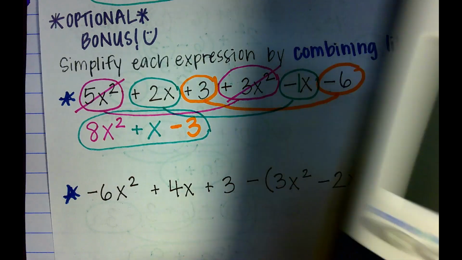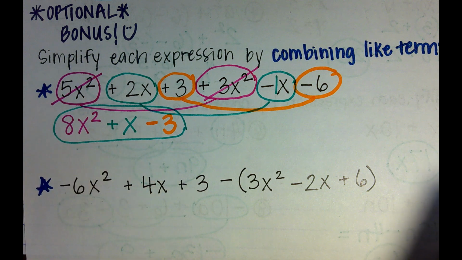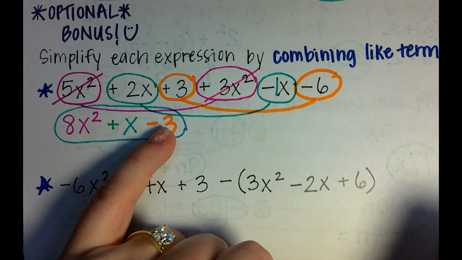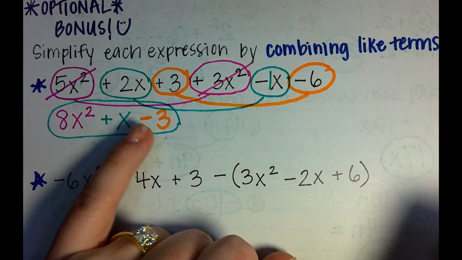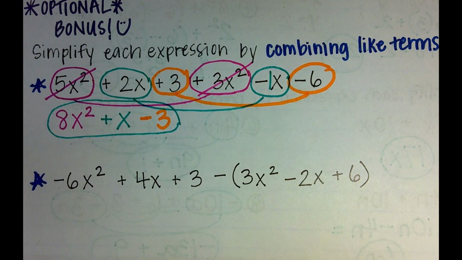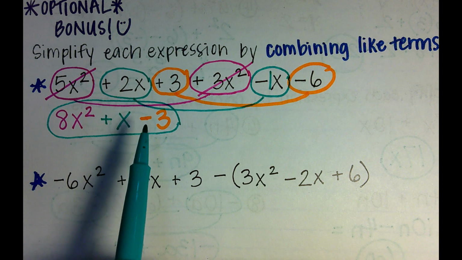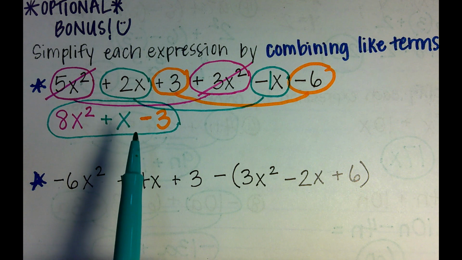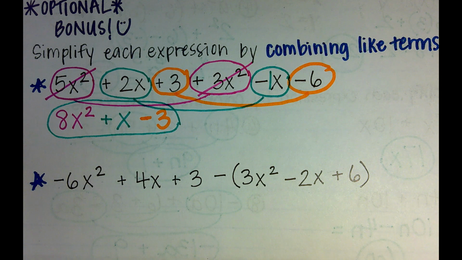If I do 3 take away 6, I end up with a negative 3. So because I have negative 3, that plus is a minus instead. It's the same thing as plus negative 3. You could also write that, but this is the more simplified answer. Does that make sense a little better? Okay, perfect. Do we have any other questions about this? We haven't done anything like this before, so it is tricky. Questions at all?